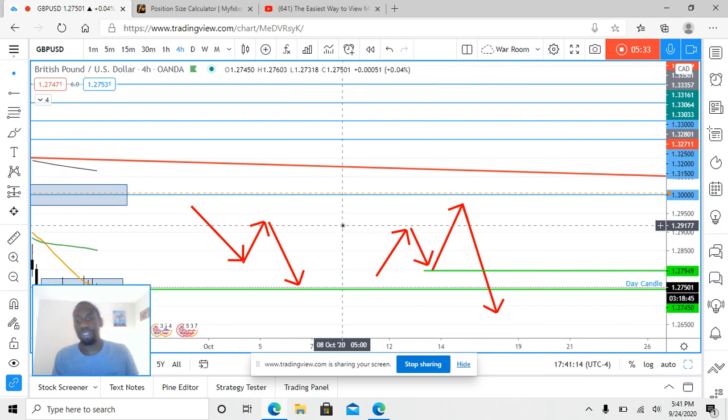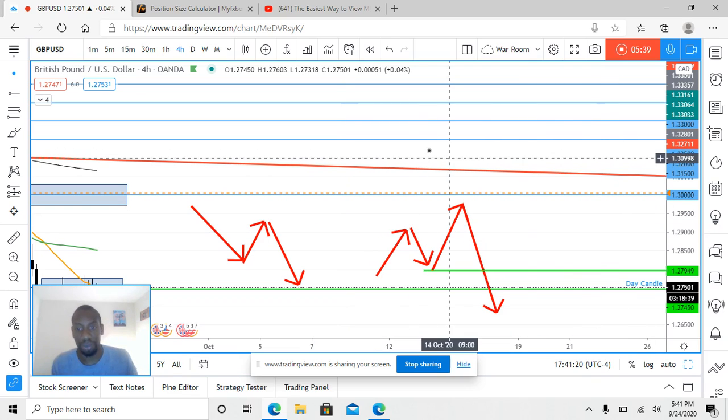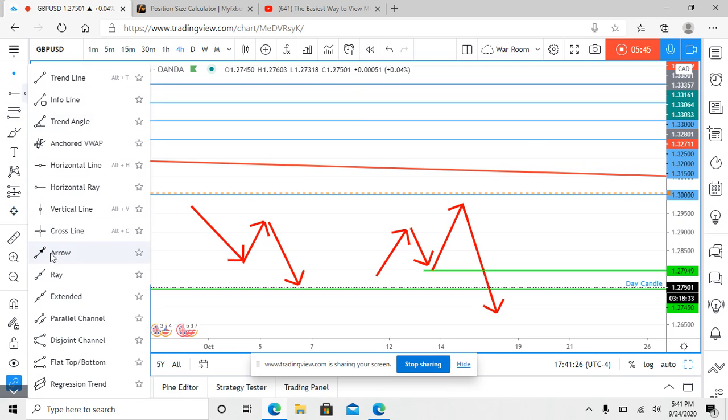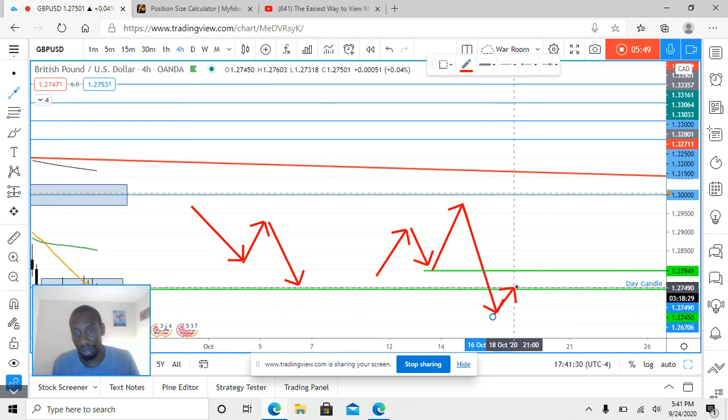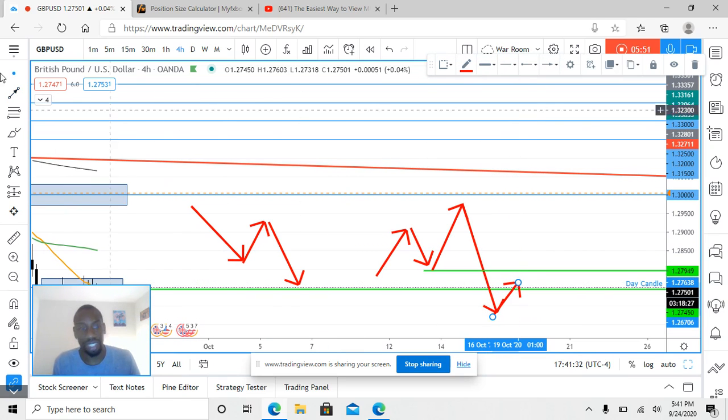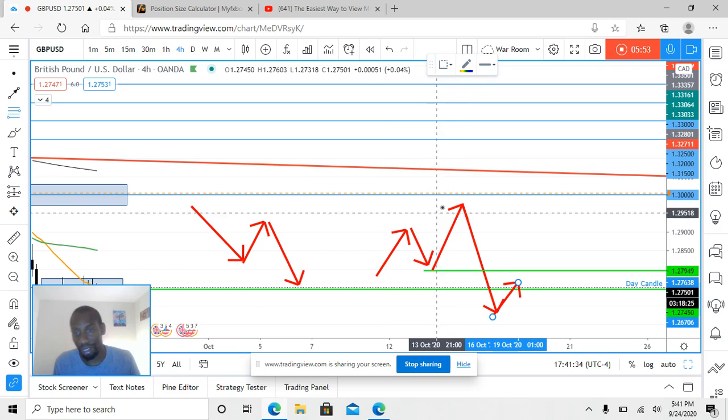Now, the next thing, when you see a break of structure, right? What you want to do now is wait. Wait till you get a nice little pickup right here. This is when I bring out my fibs.